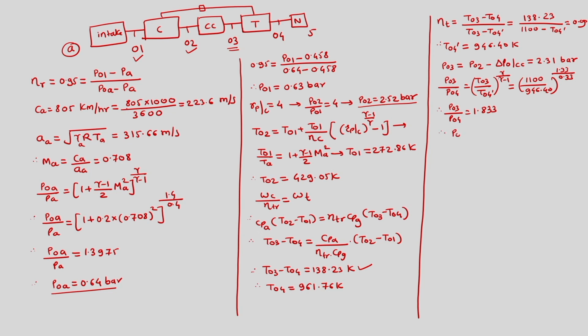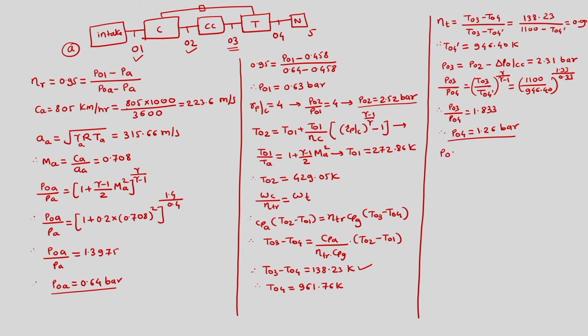Since P03 is 2.31 divided by 1.833, this gives us P04 as 1.26 bar.